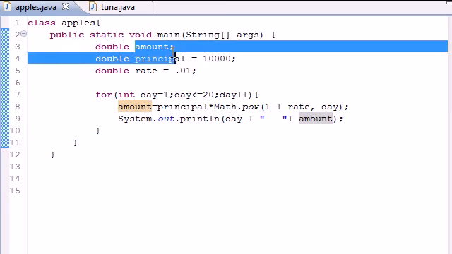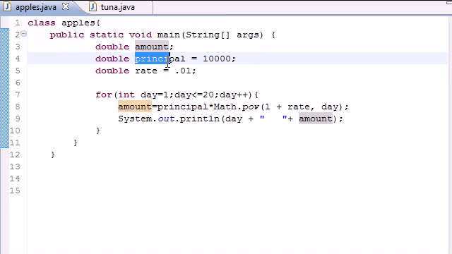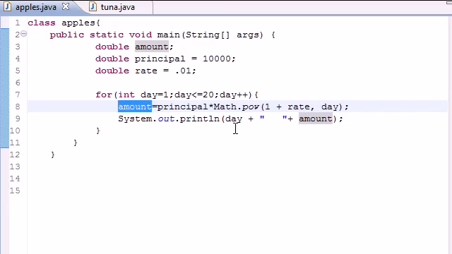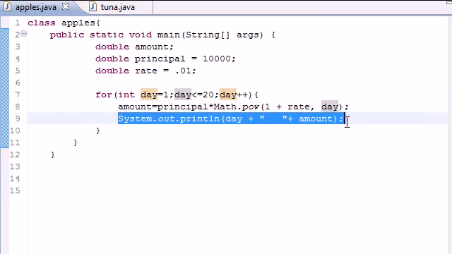You need to figure out the amount, which we don't know yet, but we do know the principal, which is the starting point, and the rate. We set the amount, which you don't know yet, equal to the principal times 1 plus the rate, which is 0.01, to the power of the day. This is where the for loop comes in handy, because this goes 1, 2, 3, 4, all the way to 20. And next, we just output it on the screen.